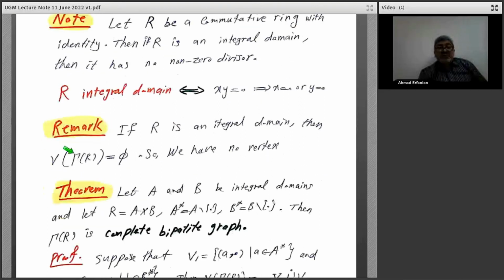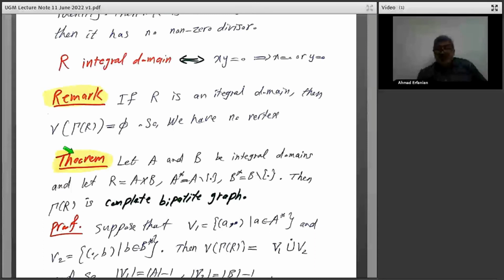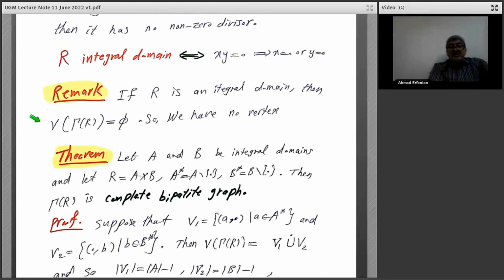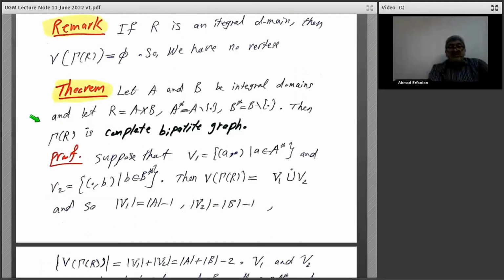If R is an integral domain, in this case the vertex set is empty. We don't have any vertex. So we assume that the ring R is not an integral domain in this case.